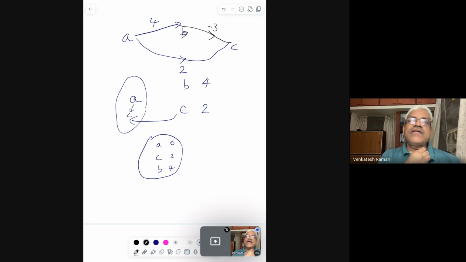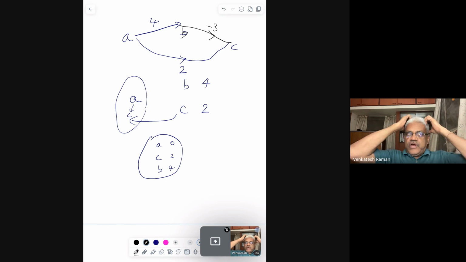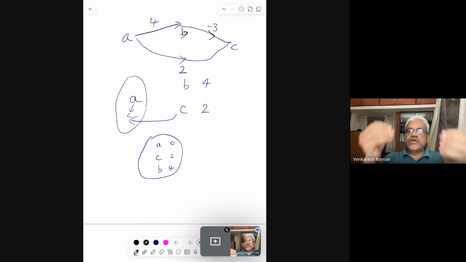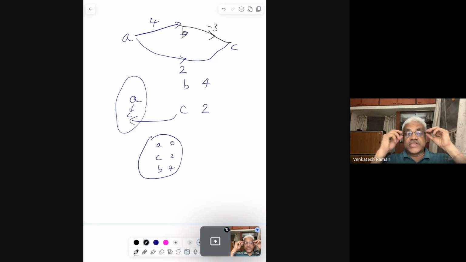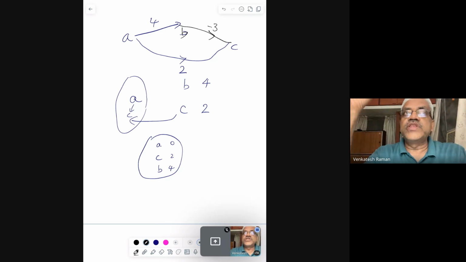Yes, there are situations you can model using a directed graph. Don't think of it as a distance. Maybe there is some cost function. Maybe if you go from B to C, you lose some 3 rupees or something like that. Rather than thinking of it as a distance, think of it as some cost function. You can even ask, is it meaningful to have an edge with negative distance?